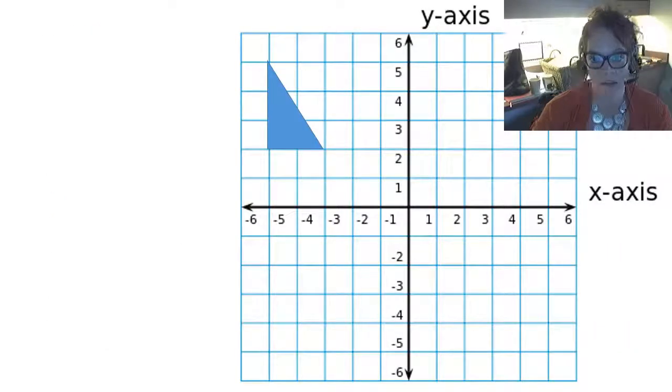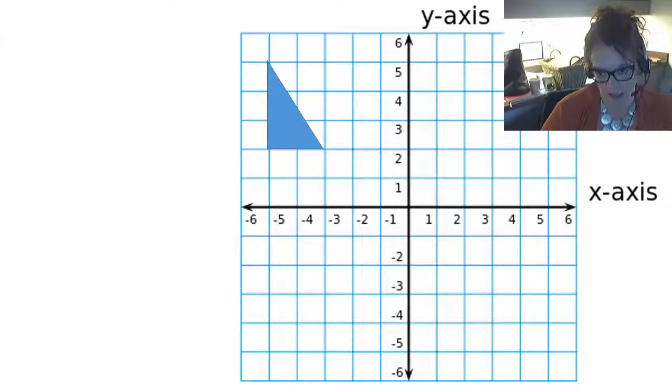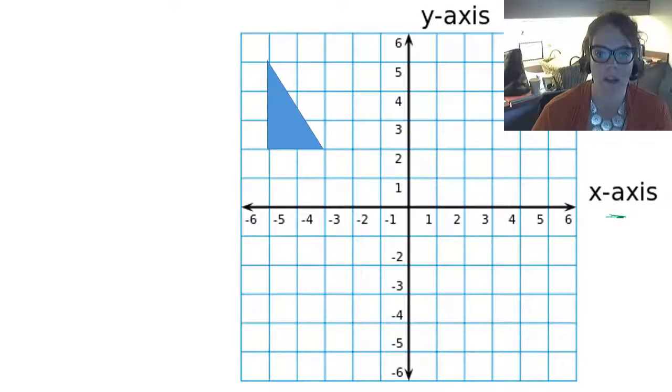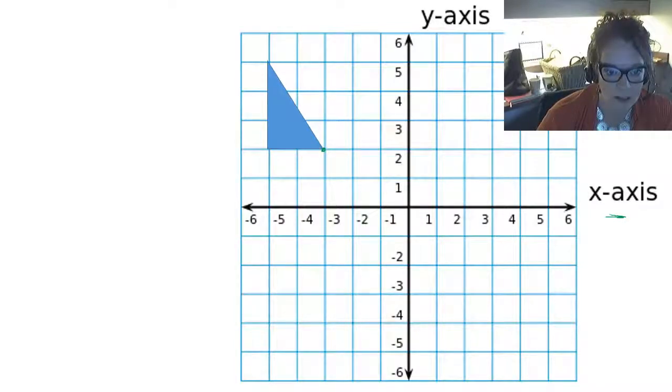Okay, so remember I was talking about the x-axis and the y-axis, so you can see them labeled here. You always plot the x-axis first. This guy is first. So let's look at our blue triangle here. If I draw this nice green dot on one of the vertices, let's figure out where that green dot is living.